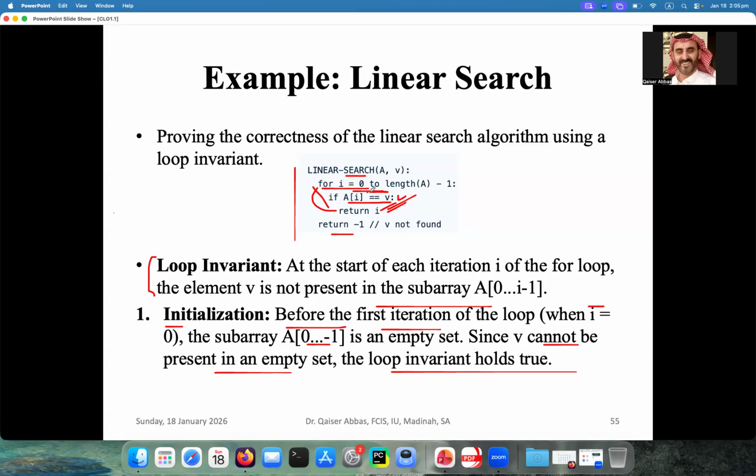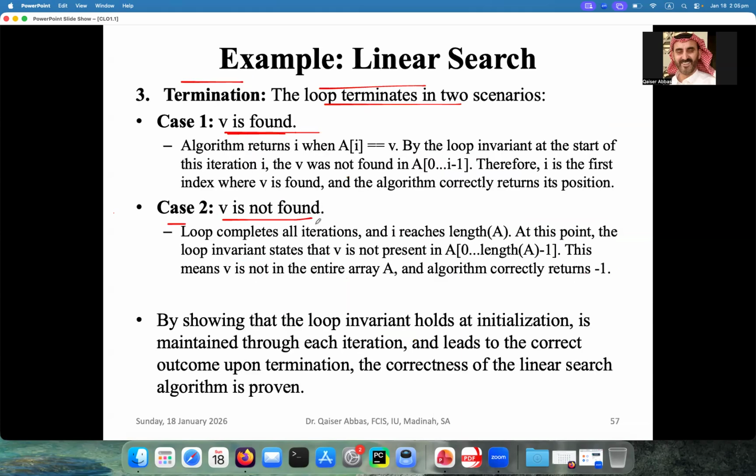And in the other case, when you are not finding it, you are going here and going again and again, and at some point the loop will finish. And then you will come here and you are returning -1, which means V not found. So that step is also mentioned here, V not found. Two cases in the algorithm.